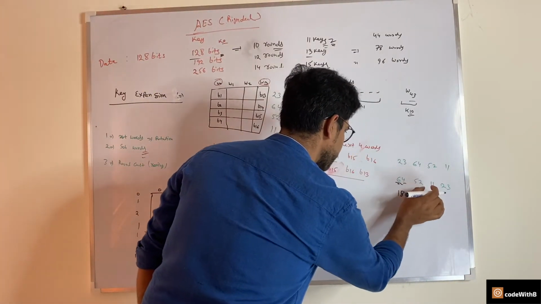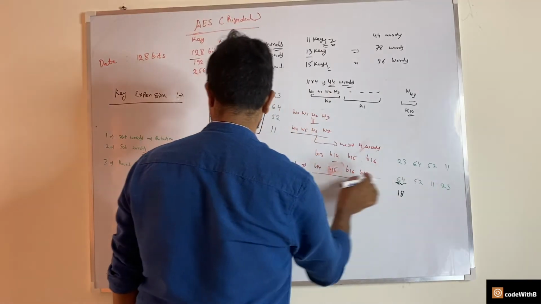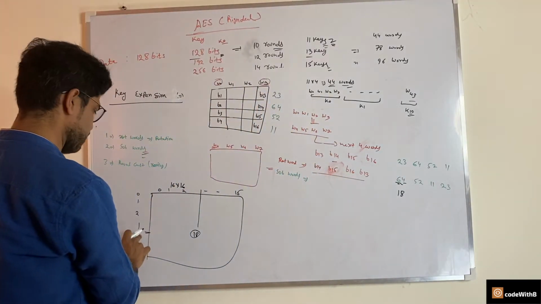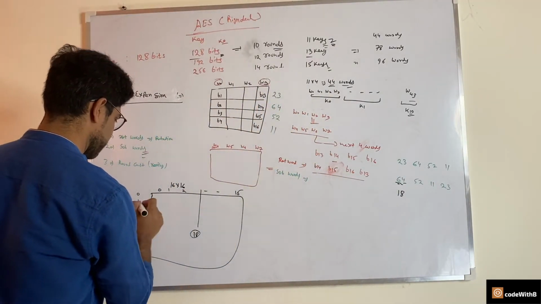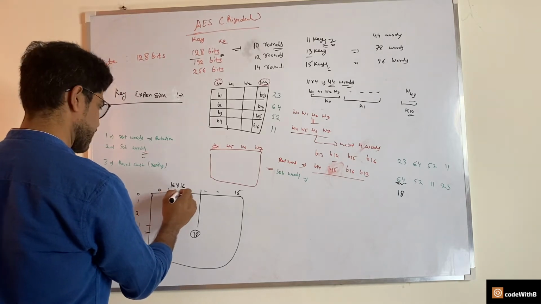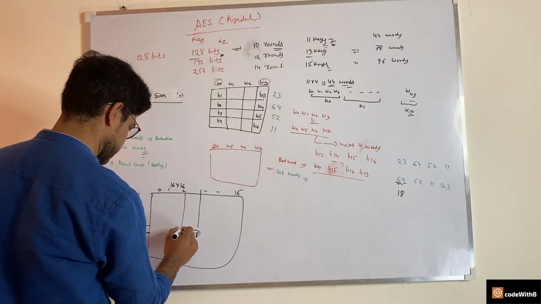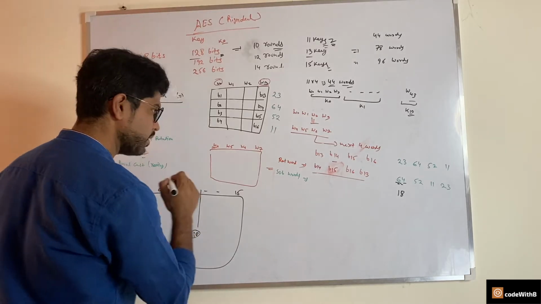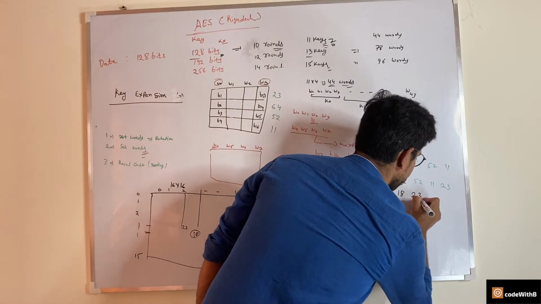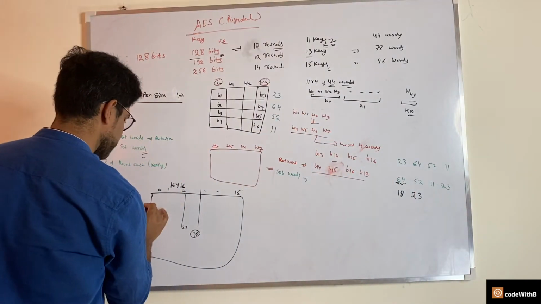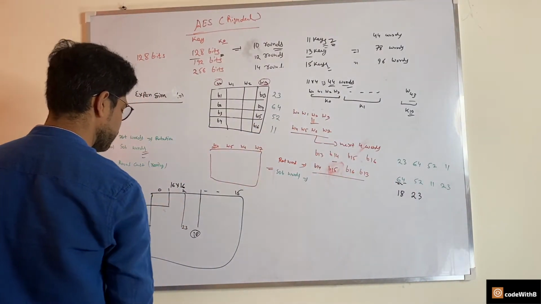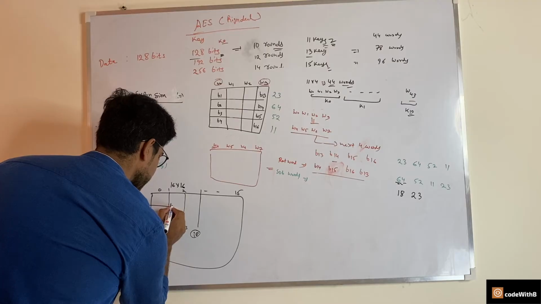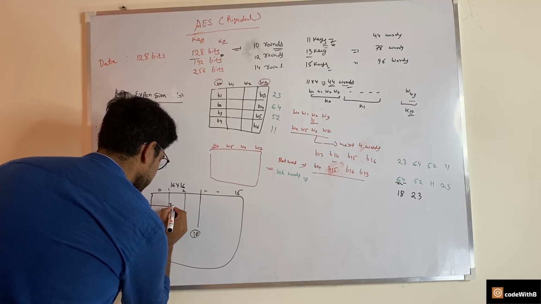Similarly for this 52, 5th row and 2nd column, suppose this value was 23. So we will replace it with 23 over here. The 11 will be replaced by this value, which was say 32.